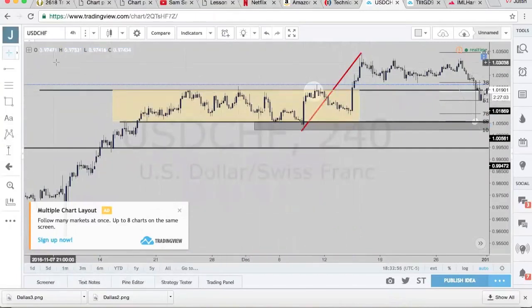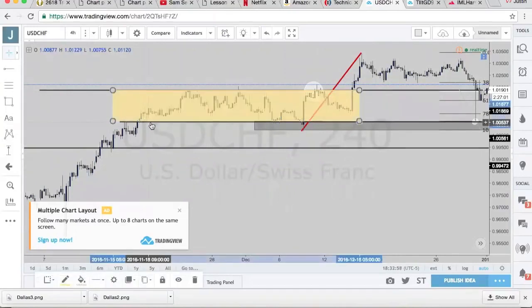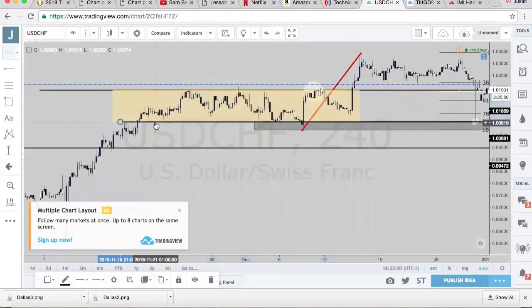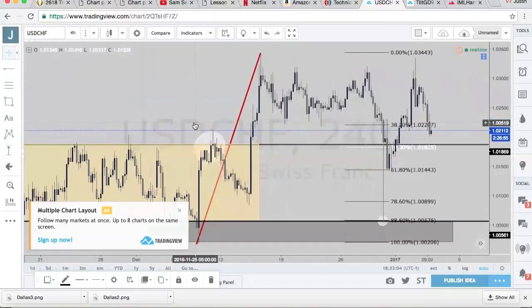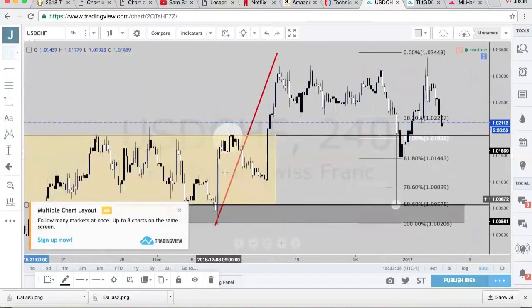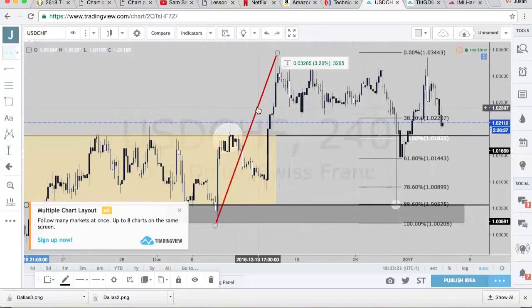So this whole level right here, this black line that I just drew, was acting as a level of support. So what happened is this rally, this ABCD up, which was an X to A and a harmonic, broke structure to the left, and then it rallied down into a previous support level, which was also an 88.6 and also to the top of the zone.